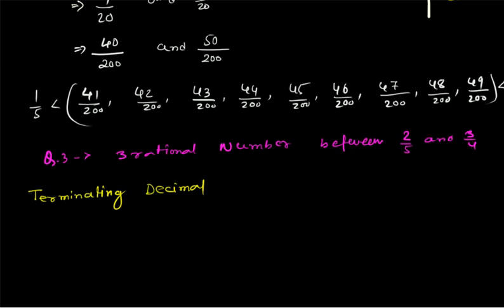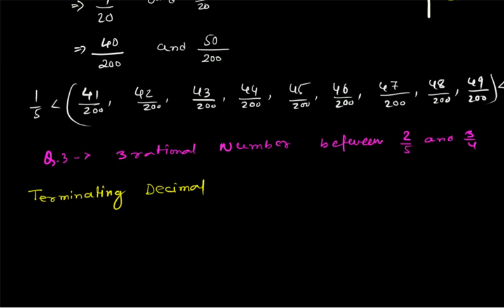Such numbers where the division ends and we have a definite answer are called terminating decimals. And those numbers that don't have any termination in decimal representation, meaning the long division will go on to infinity, are called non-terminating decimal numbers.